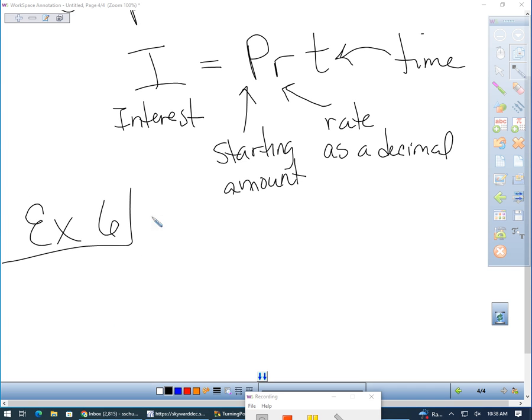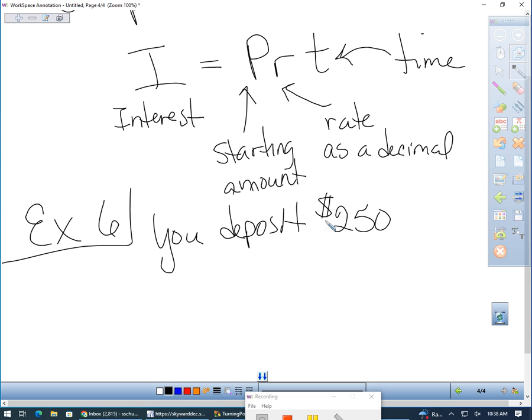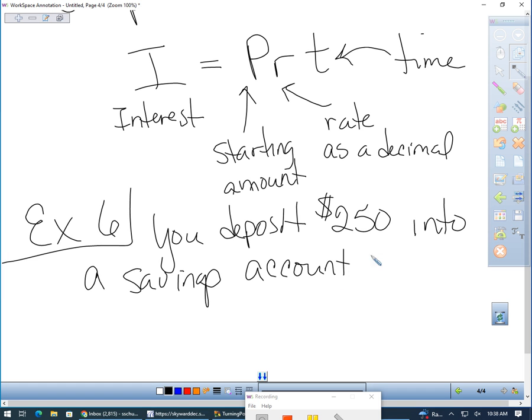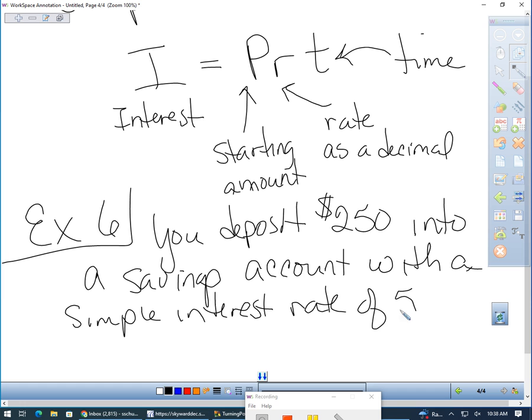You're welcome. So let's say you deposit $250 into a savings account with a simple interest rate of 5.5% for 5 years.